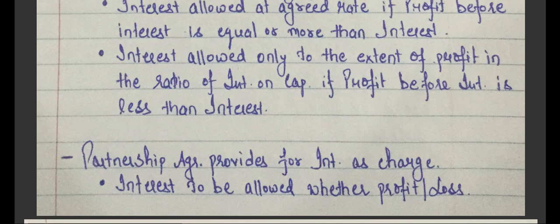Interest is to be allowed from profit and loss account, because in this case it is not an appropriation, it is a charge. It has to be provided whether the firm is earning the profits or not. If it is clearly stated in the partnership agreement, only then. Otherwise, it is an appropriation.